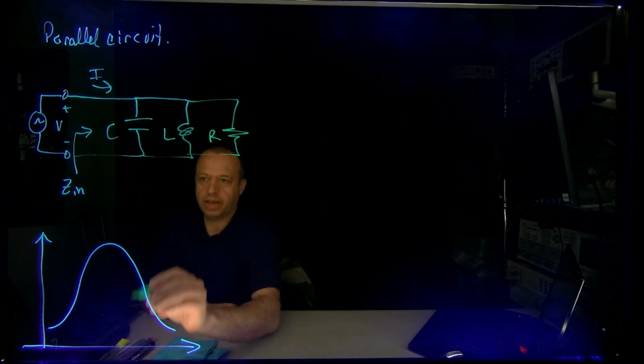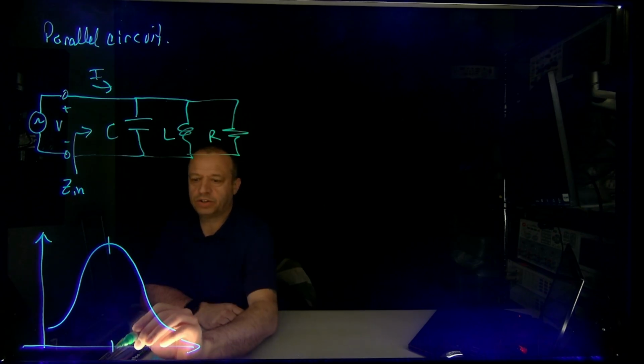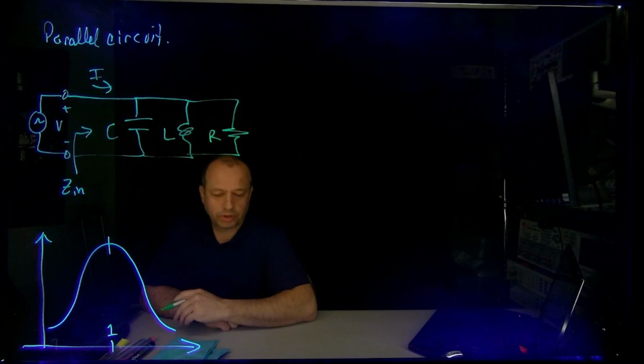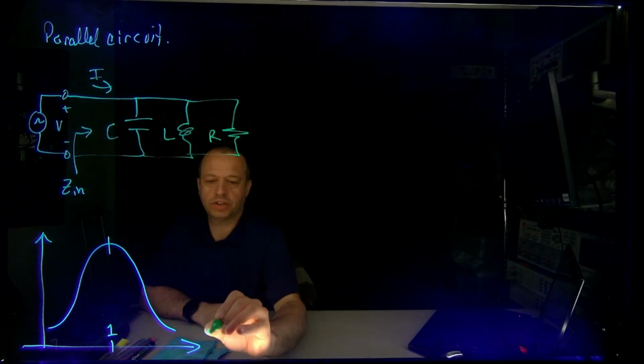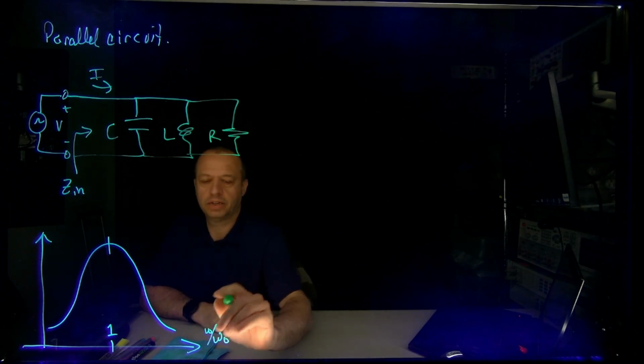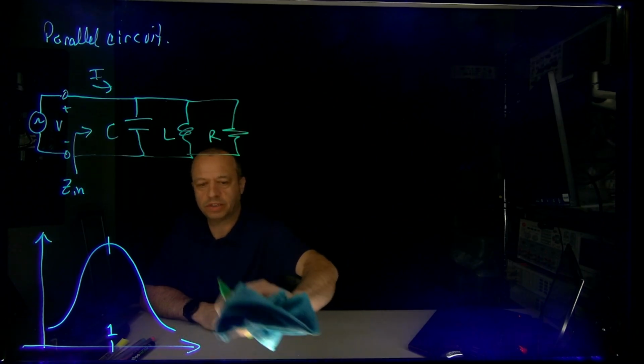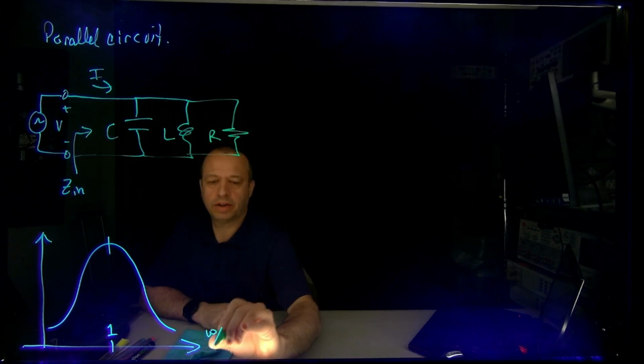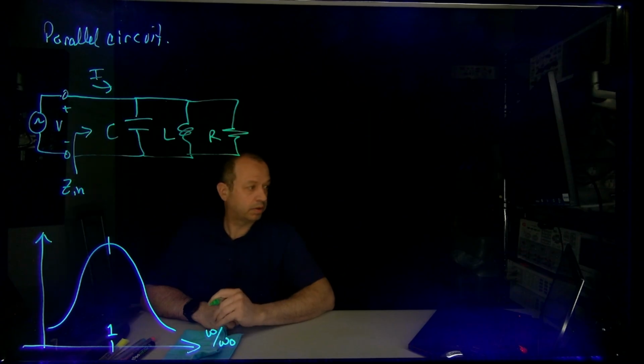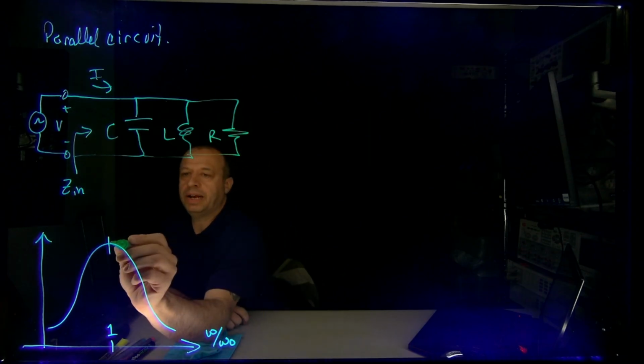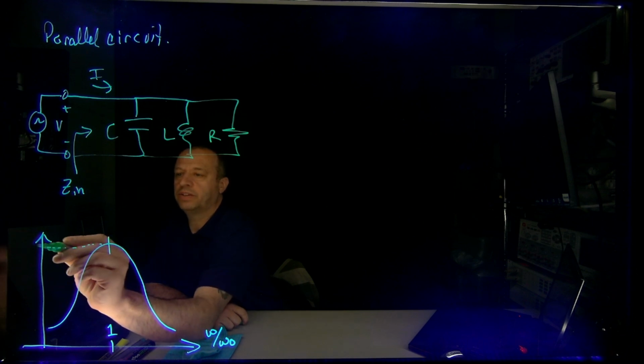Again, we're normalizing about the center, so that is my 1. That's my normalization. So this is omega over omega naught. We have some max value here, and this is the R value.